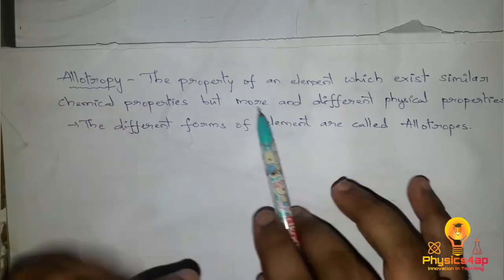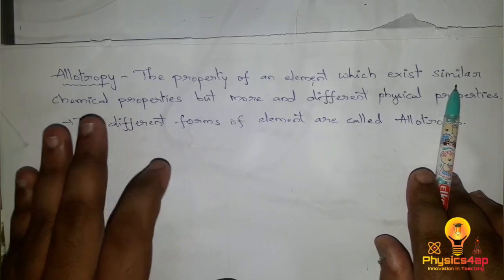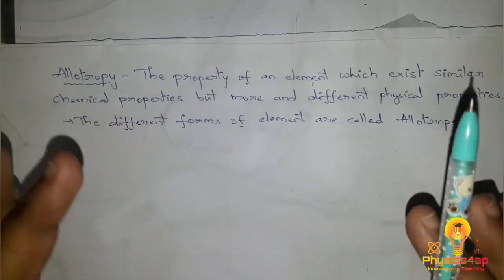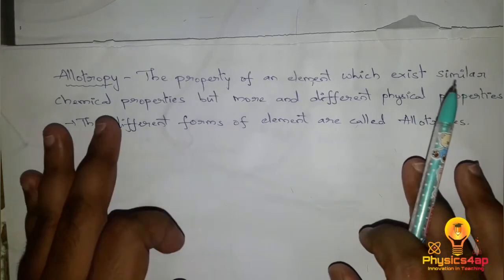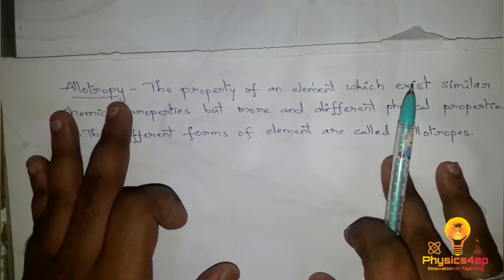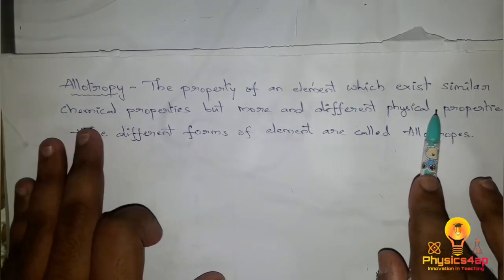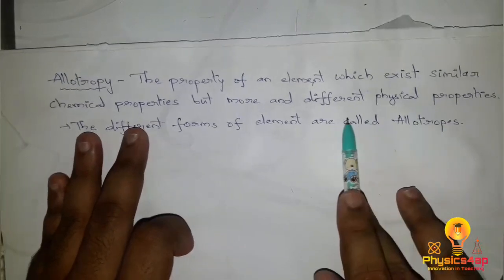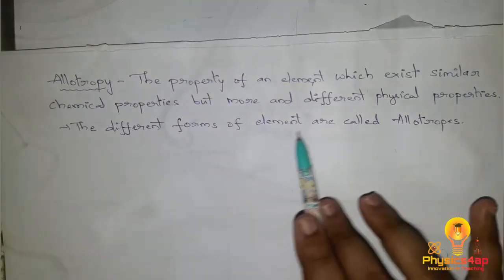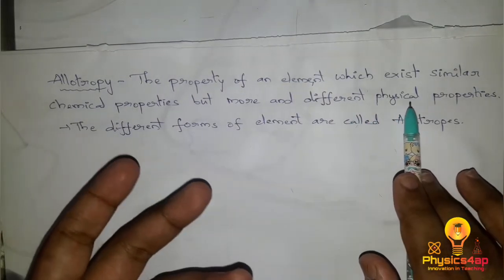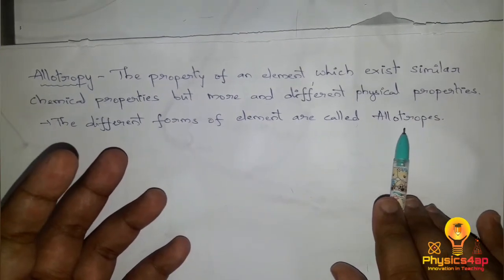So allotropy is a property of an element in which the chemical properties are the same, but the physical properties are different. It's very simple to memorize the definition. Those different forms, having different physical properties, are called allotropes.